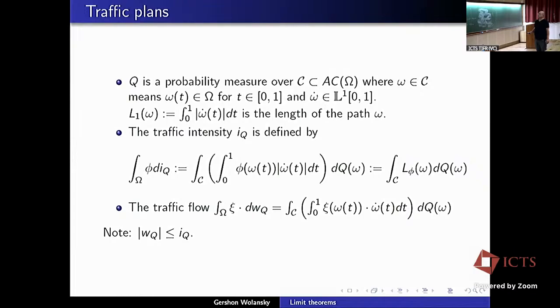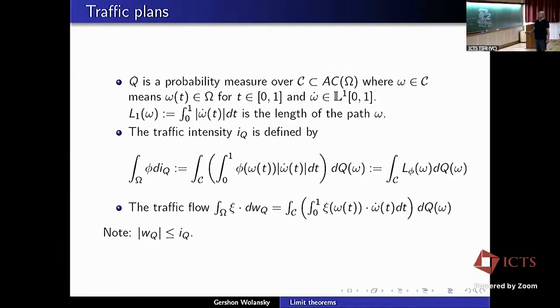One measure we call the traffic intensity, I_Q. How is it defined? The integral of I_Q against a function phi on the domain omega we translate to the integral with respect to the measure Q on the set of paths, and the function we integrate is this.